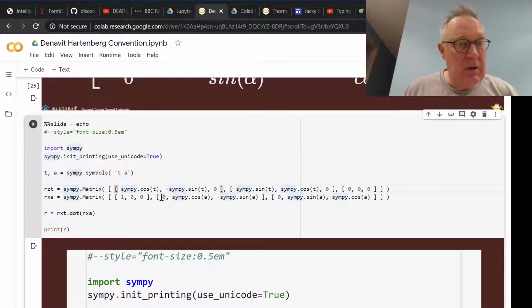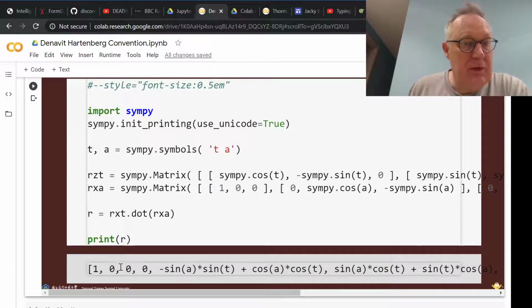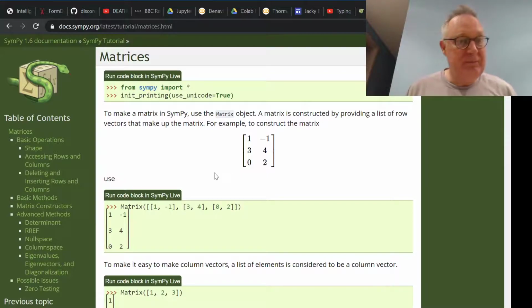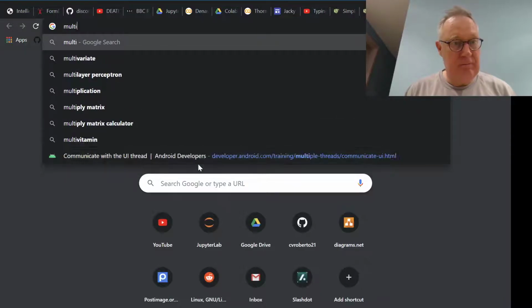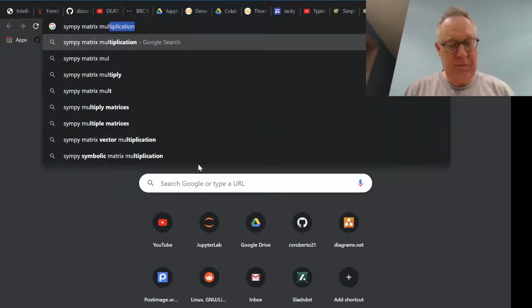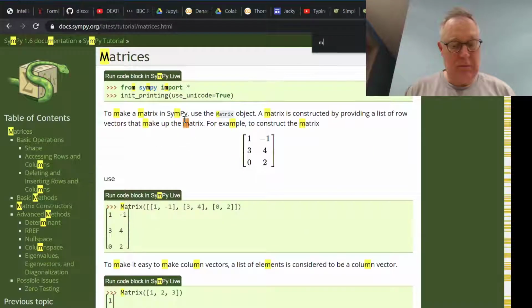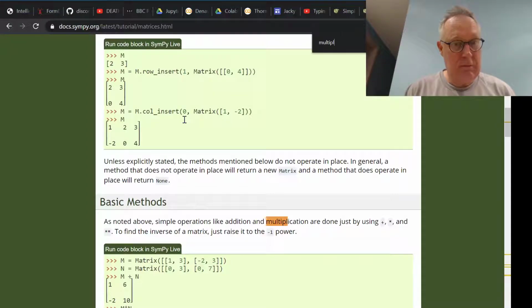Wait. How come we have, I think it's not calculating the dot product. Matrix multiply. Oh, dots. Okay.